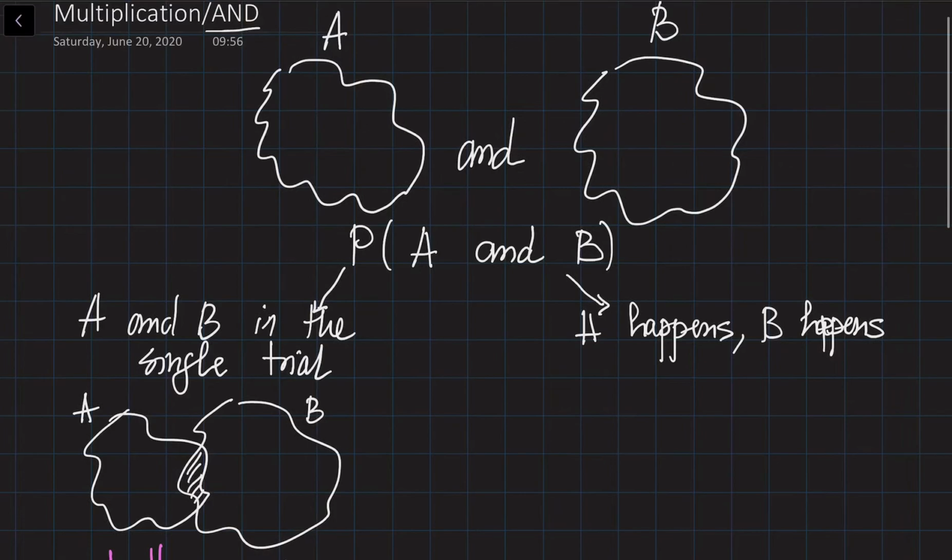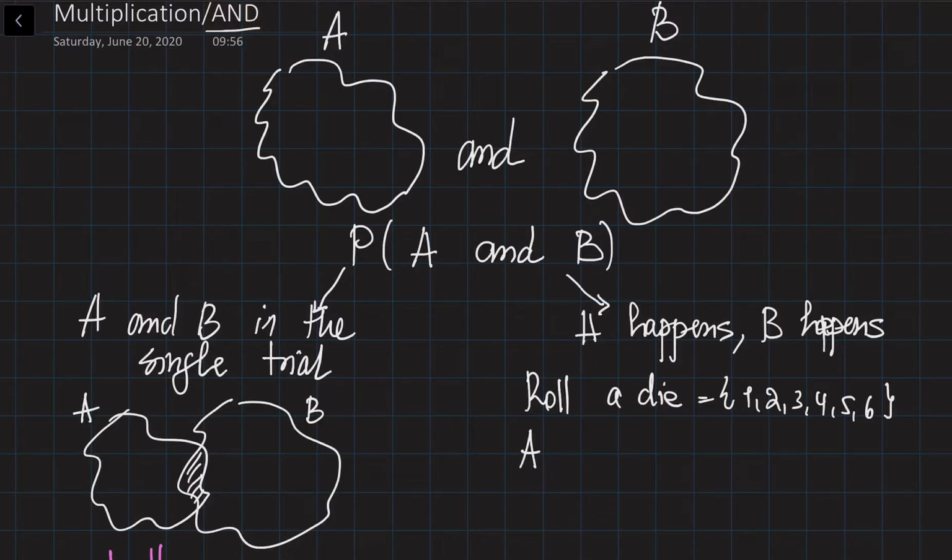But there is another case when we are looking at this probability of A and B from a different perspective, when you do multiple trials of your experiment. So the same example, let's say you roll a die. The sample space is going to be 1, 2, 3, 4, 5, and 6.